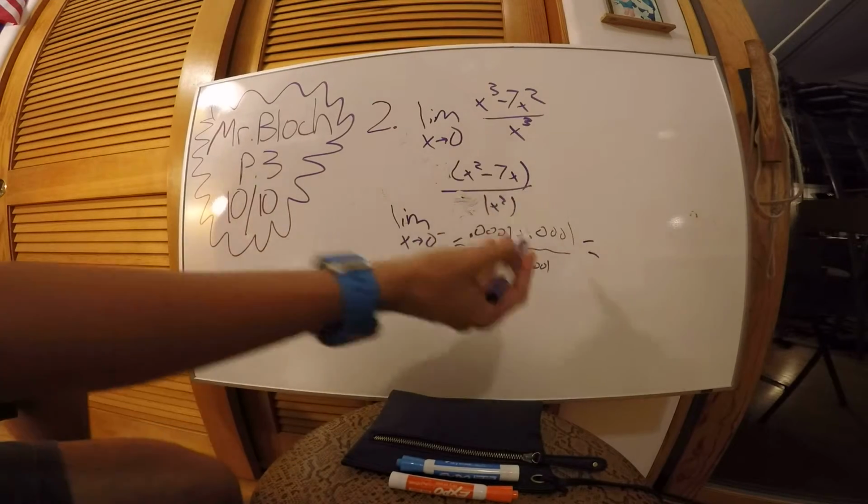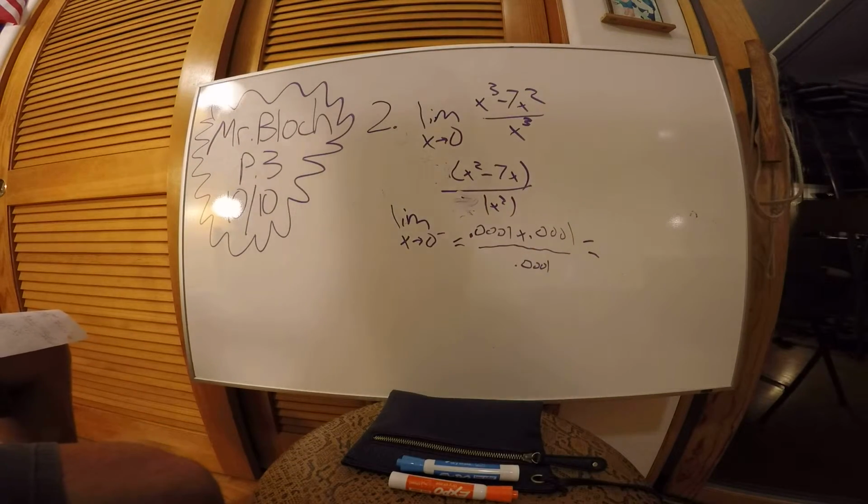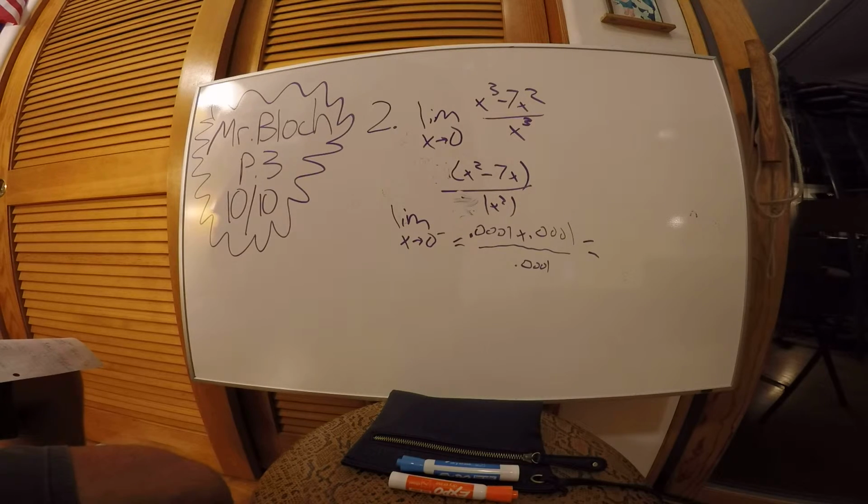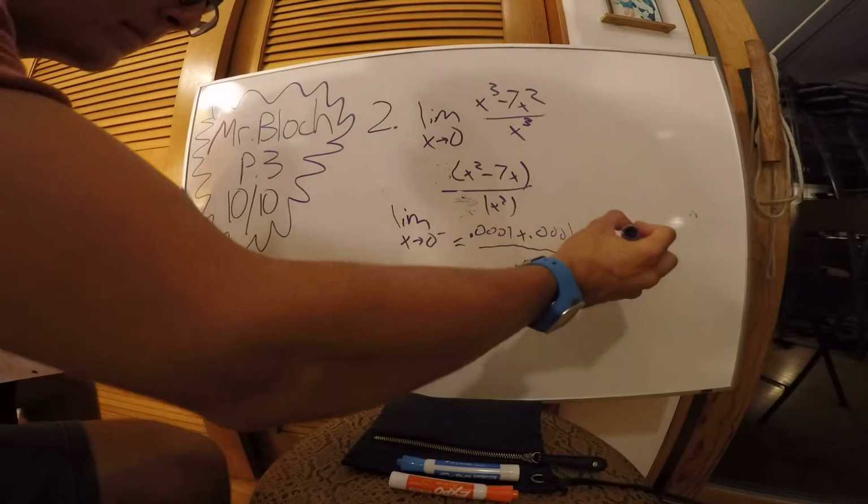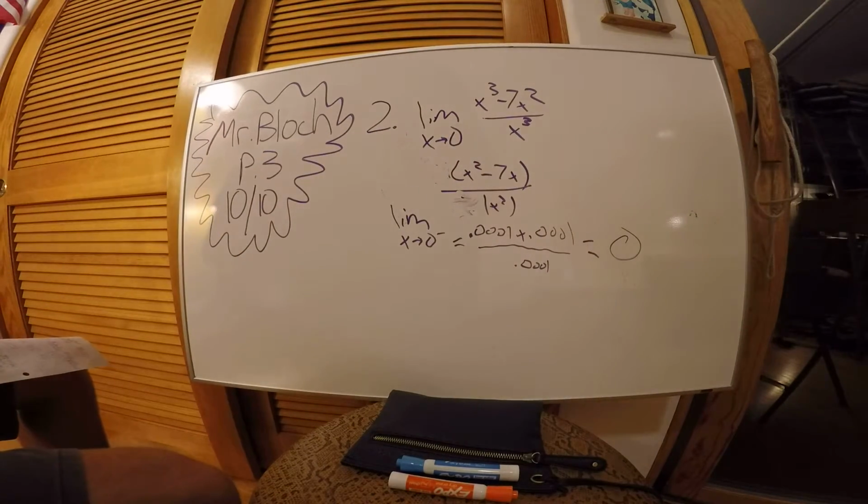A very small positive over a very small positive is going to just be 0. So let's try from the positive side.